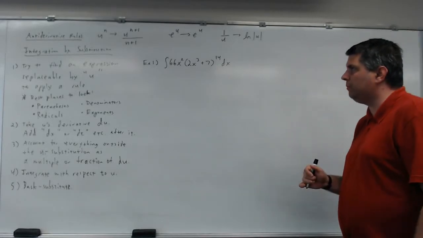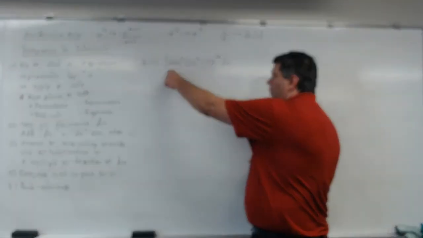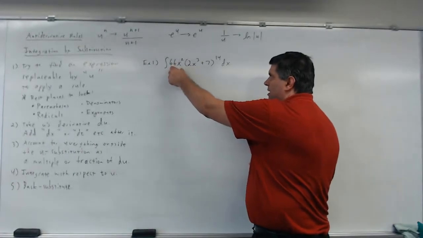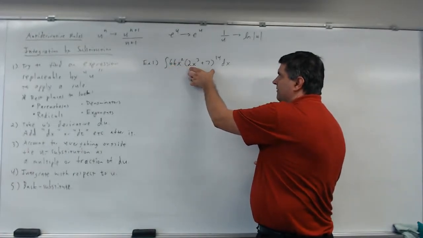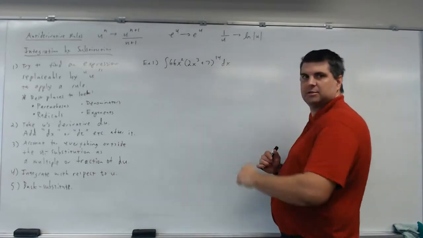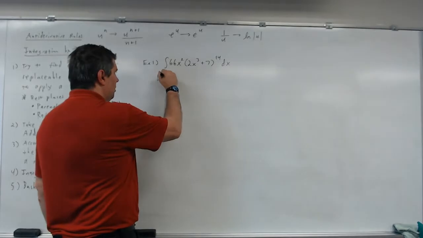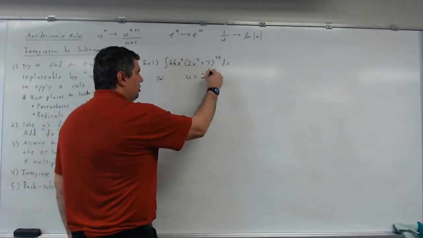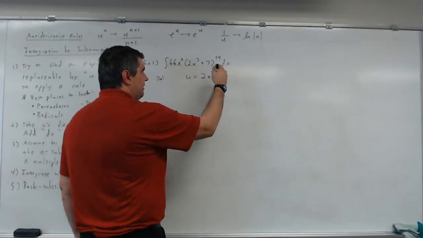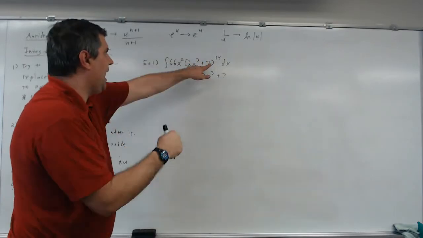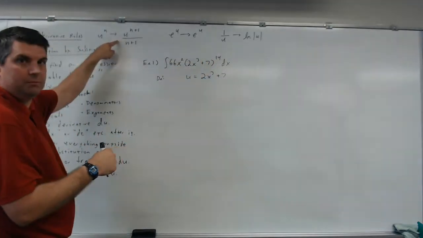So here we go. I'm looking for the integral of 66x squared times (2x cubed plus 7) to the 14th dx. I will let u equal 2x cubed plus 7, because that's what's in parentheses, and I want to be able to apply that rule.